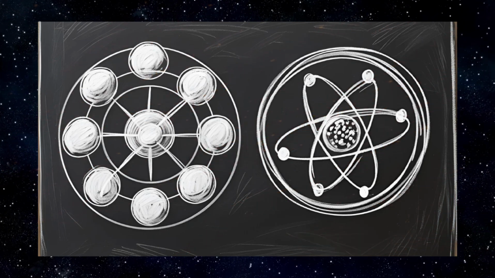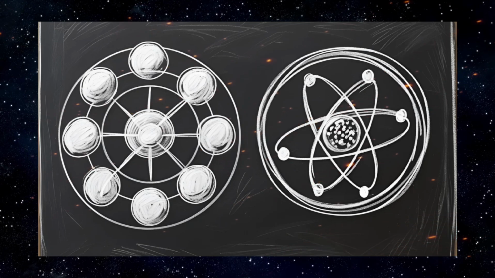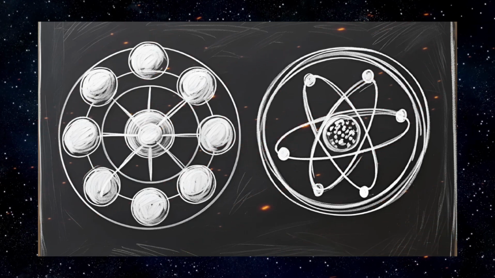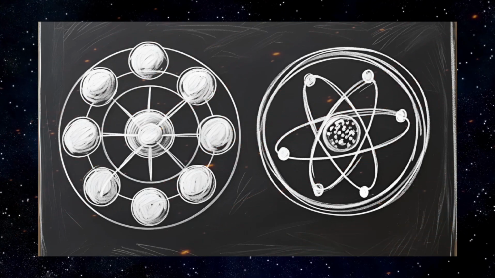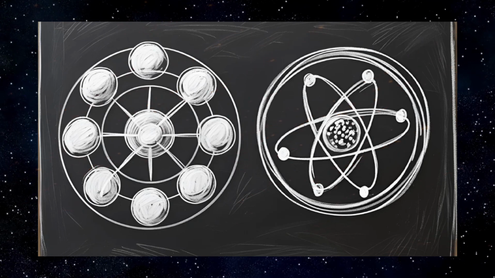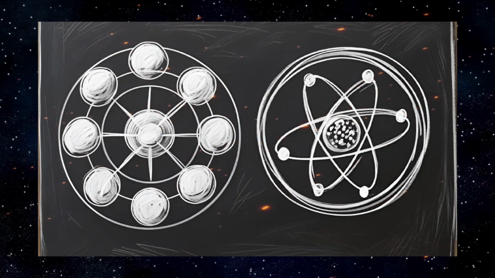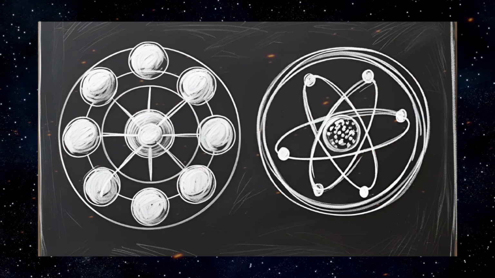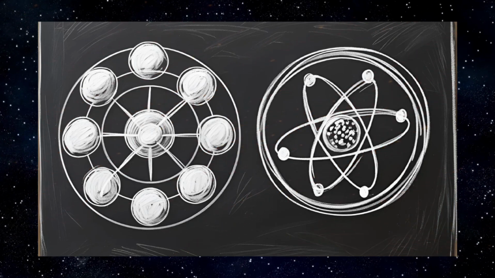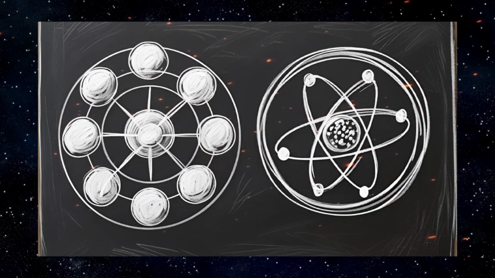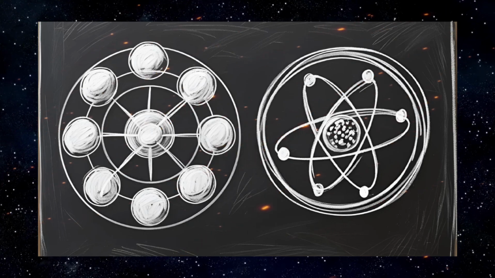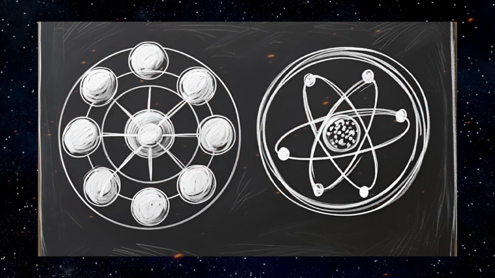The vertical columns are called groups, or sometimes families, and there are 18 of them. Each group contains elements with the same number of electrons in their outermost shell. And this is where chemical behavior becomes most predictable. For example, group 1 elements, known as the alkali metals, all have one valence electron.